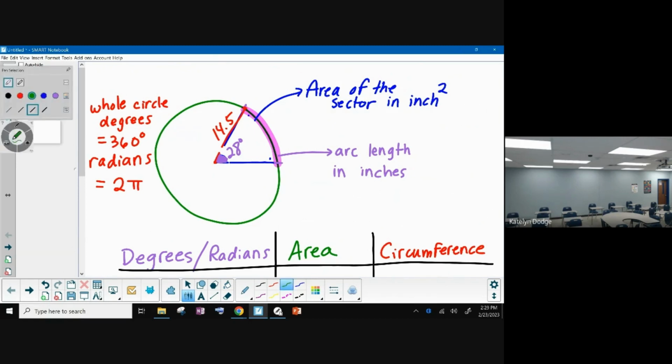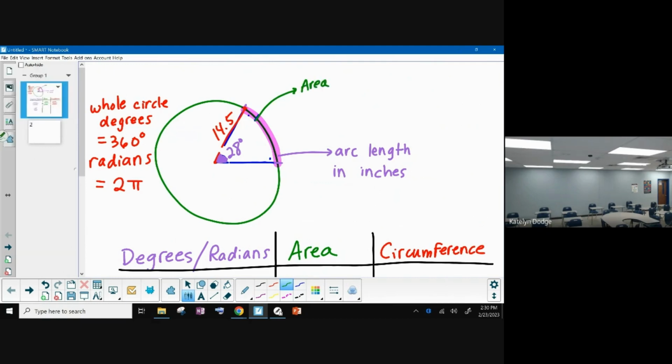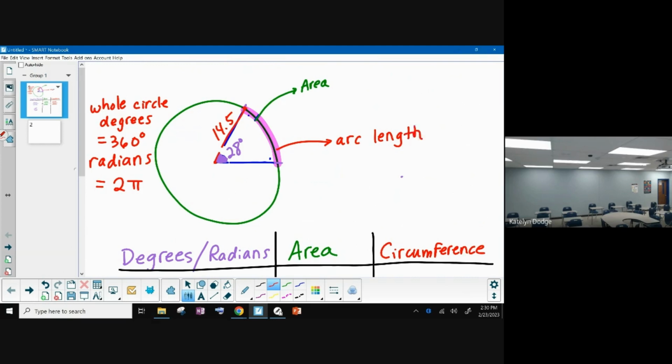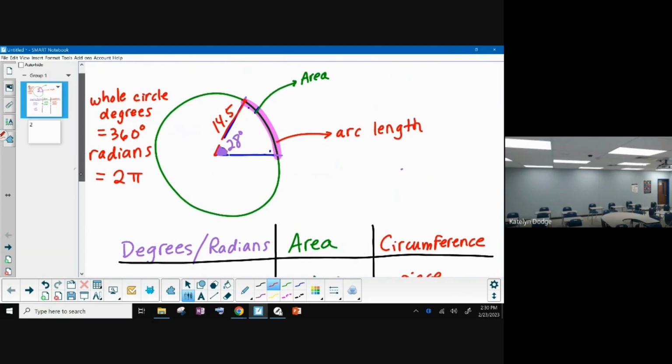My area is going to be green. And my circumference I'll put in red. So arc length is really just a piece of the circumference. So we'll get to that in a bit.